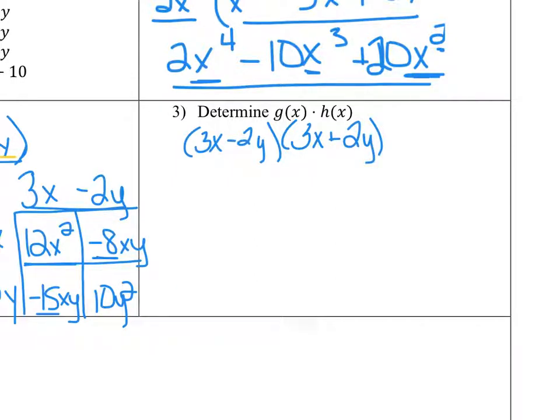These two are very interesting binomials. They have a special name. Their definition is when you have two binomials that are exactly the same, they differ only by the sign on the second term. These two are called conjugates.